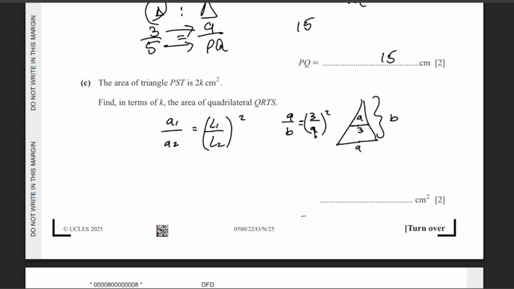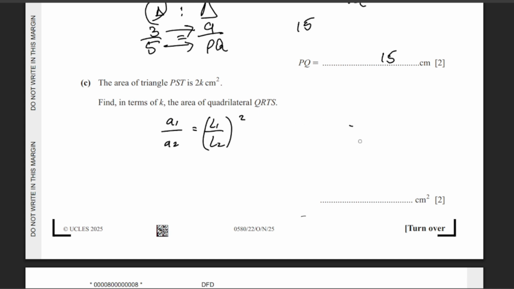That's how this formula works. The square is there basically because in area we get centimeters squared. And if it were volume, instead of the square, it would be cubed. Now let's move on to the actual solution.